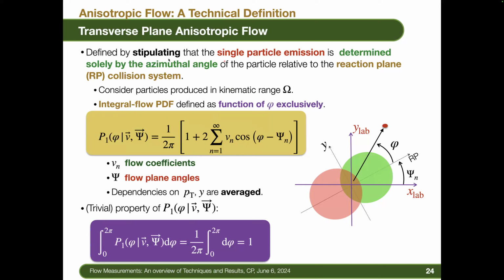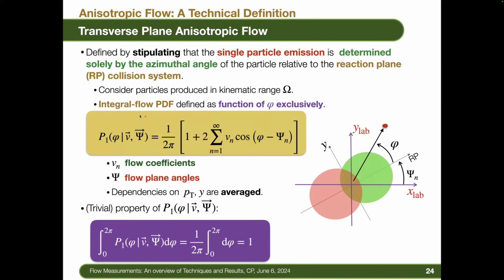What we do is define that the single particle emission that I introduced two slides ago is entirely determined by the azimuthal angle relative to the reaction plane, RP. And this we will consider inside some acceptance that, again, I call omega.